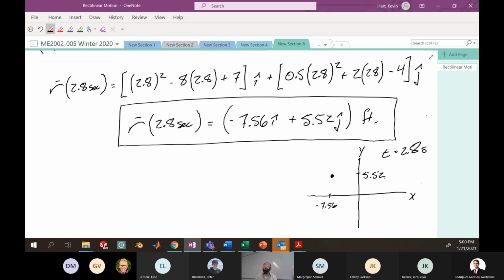All right. Let's think about drawing in the velocity and acceleration vector of this guy at that time as well. And so we'll need to execute the next parts of the problem. That is calculating the velocity at this particular time. So you can go back to your velocity equation.